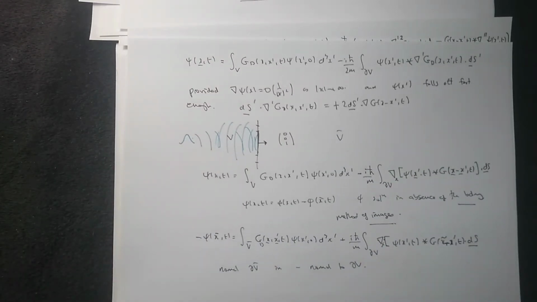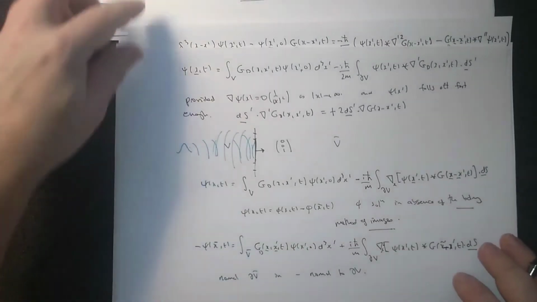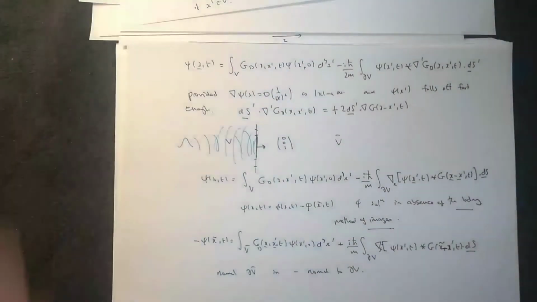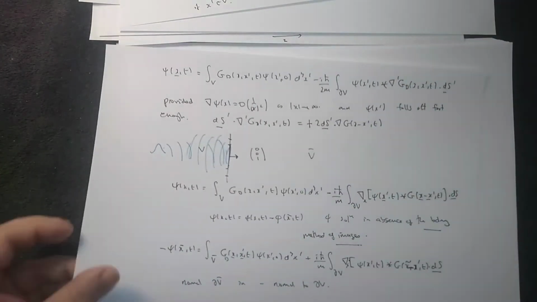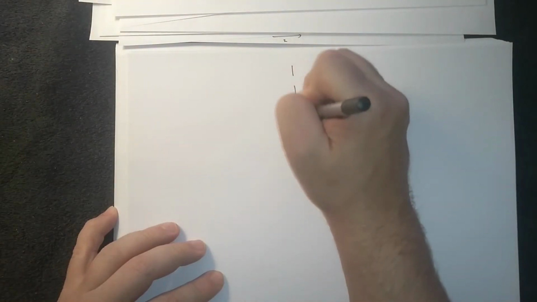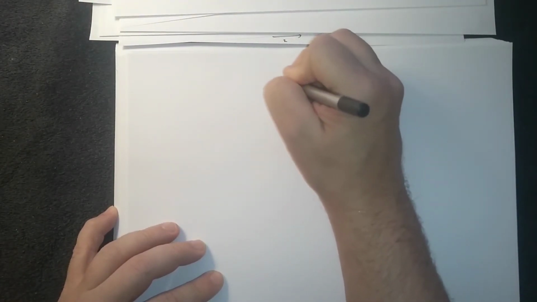Okay, let's use this to work out the wave function that we get when we fire an electron at a single slit. So that distance a, that is 2 epsilon.